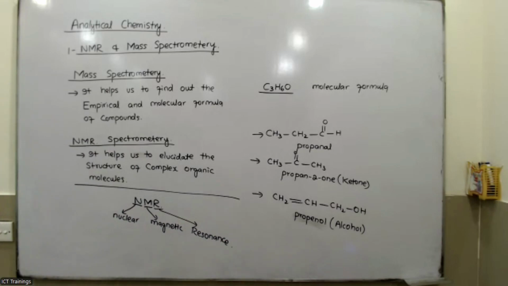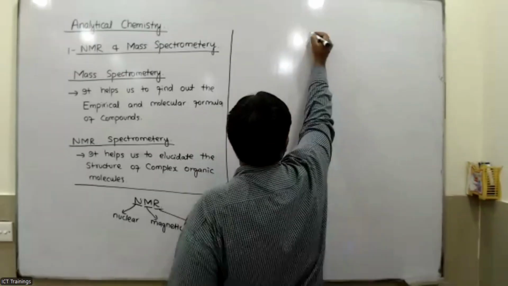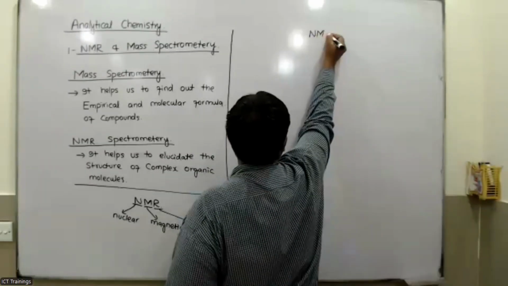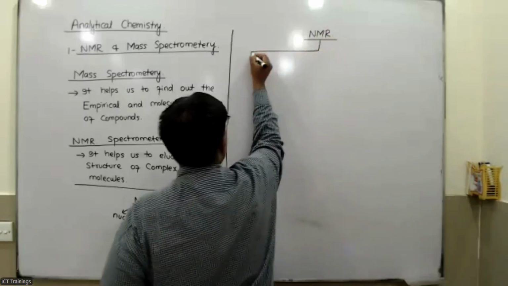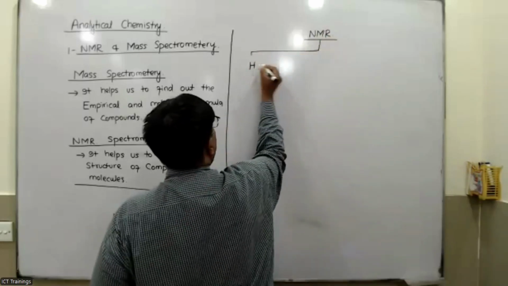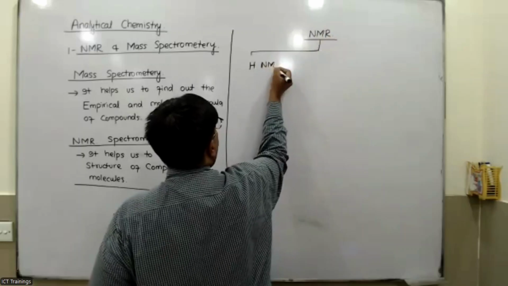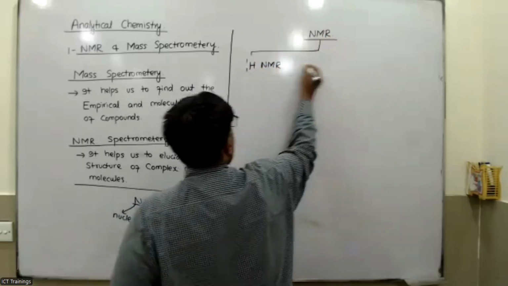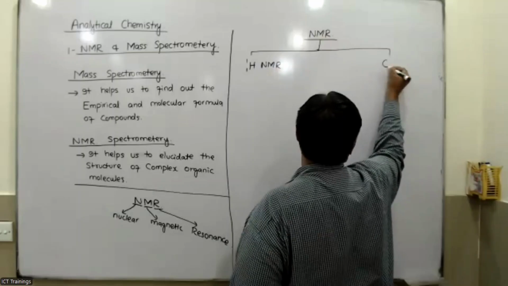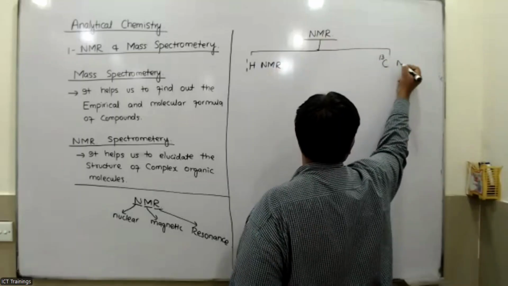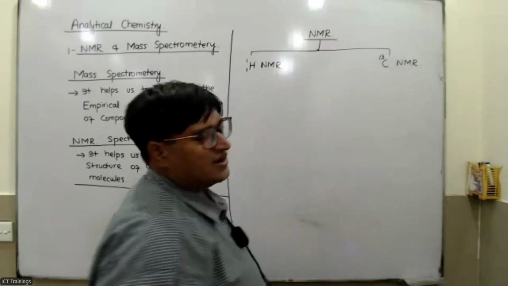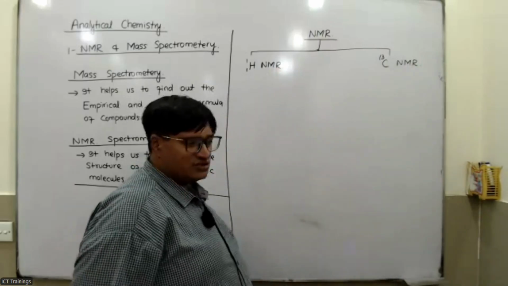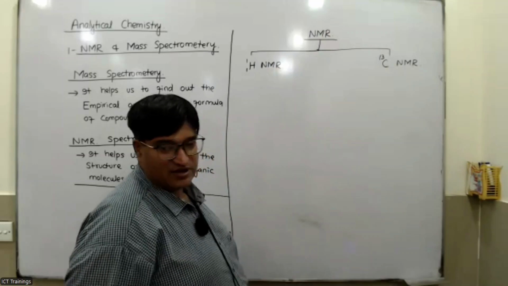The second thing, the NMR is of two kinds. The first one is the hydrogen NMR, and the second one is the carbon 13 NMR. So you got two different kinds of NMR.